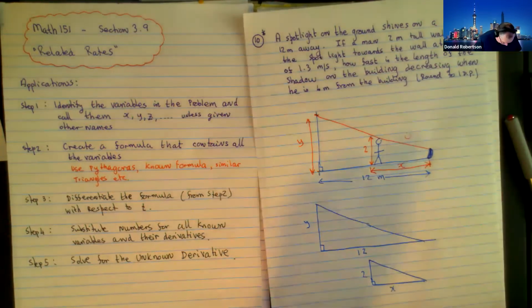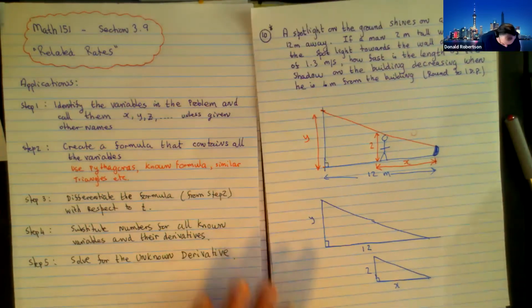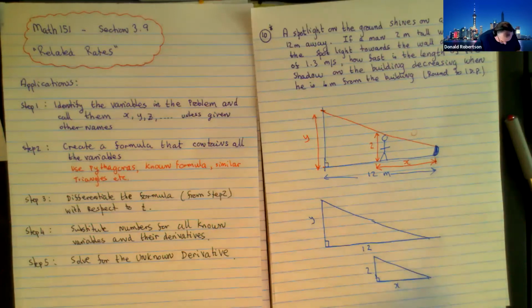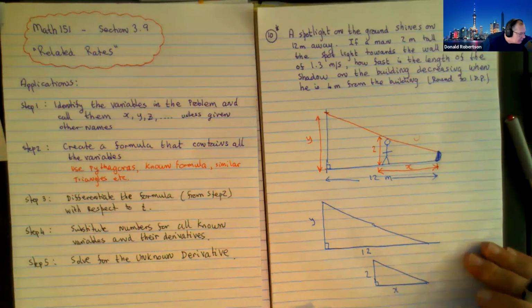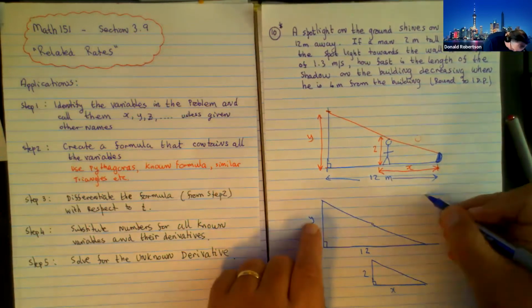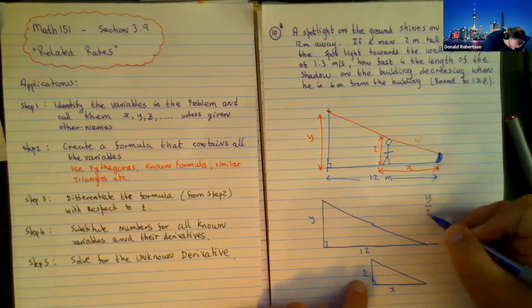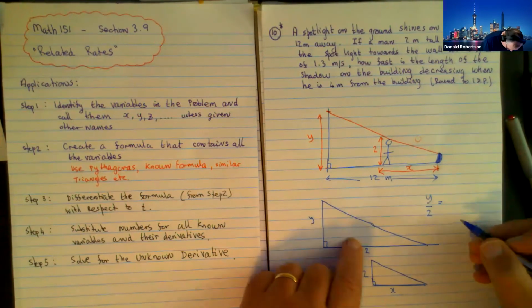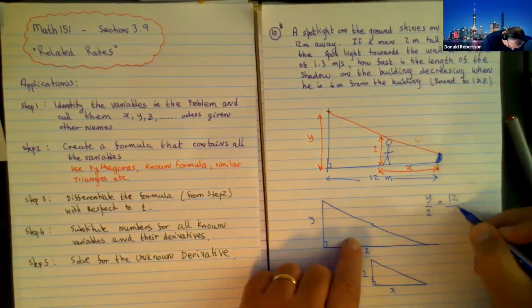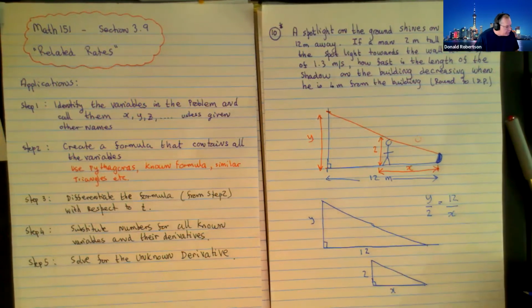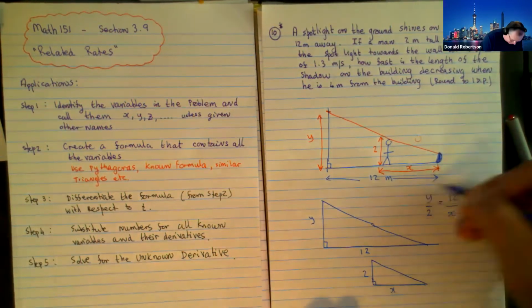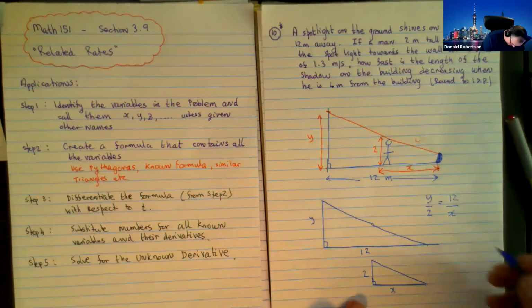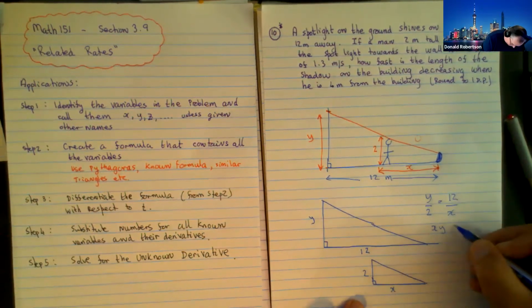So if I know anything about similar triangles, there's a property that says that corresponding sides are in equal ratio, which basically means that y divided by 2 is the same as 12 divided by x. Are you comfortable with that? Now, that is the formula, but I'm going to make it look pretty.